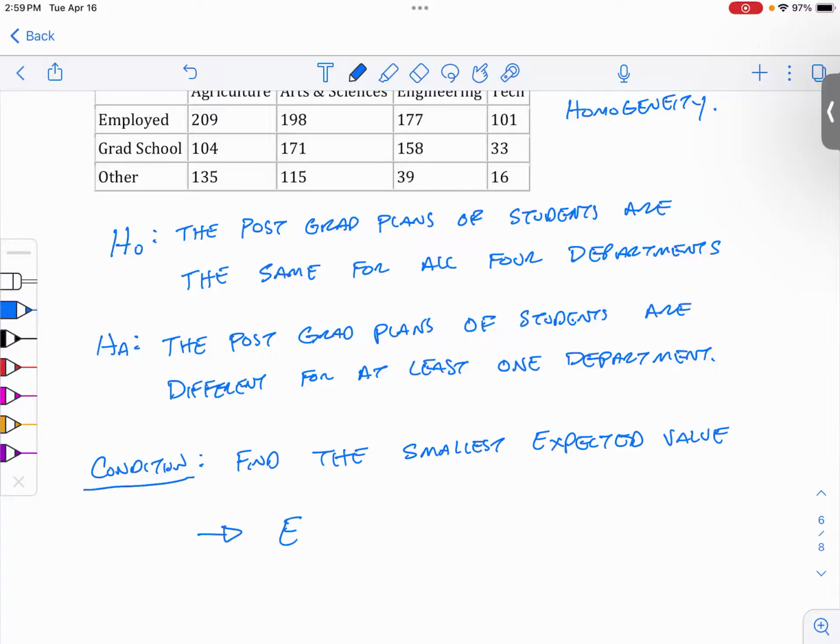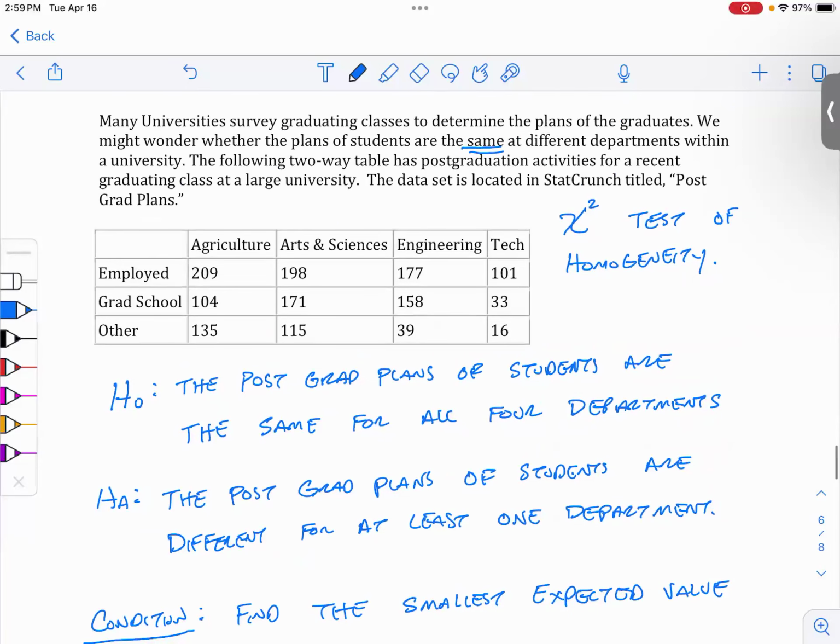Because basically, if I identify the smallest expected value and it's over 5, then all the rest are. And we're about to see that all these values are going to be different. It's not like we saw before where they were all 21.3. Okay, so postgrad.